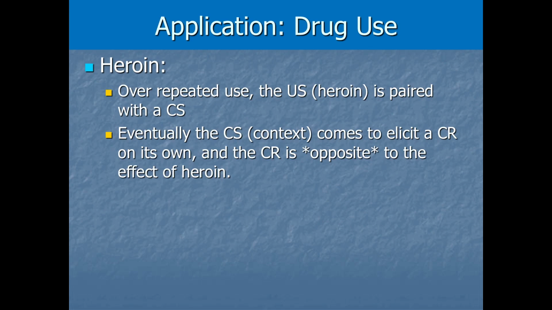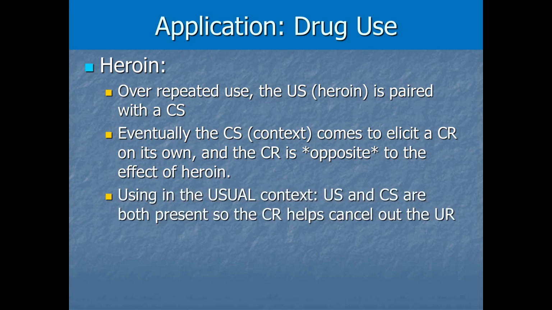Just like our rat example with adrenaline, the conditioned response to being in the heroin environment, the heroin context, is actually the opposite of the effect of heroin. It's the body's way of preparing for the upcoming heroin that it expects, trying to counteract it to maintain homeostasis. So, when the user is in the usual context, the CS and the US are both present, and the CS helps cancel out the unconditioned response.